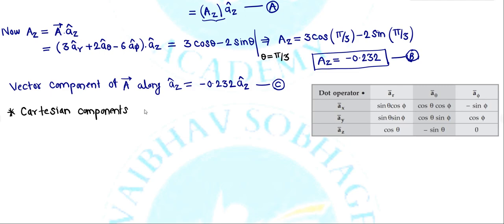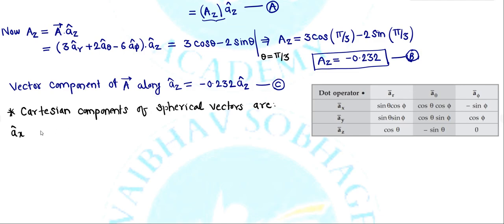What are the Cartesian components of spherical vectors? This is already given in your book, Elements of Electromagnetics. From this conversion table, you can write that. Very firstly, we have AX, with components along r, theta, and phi direction.